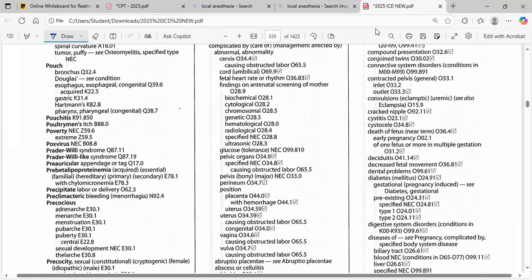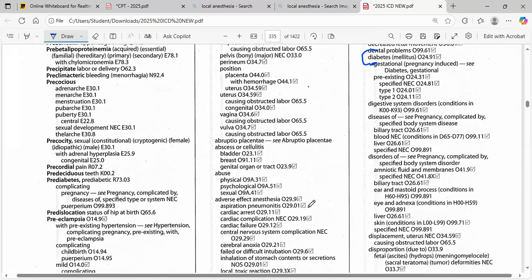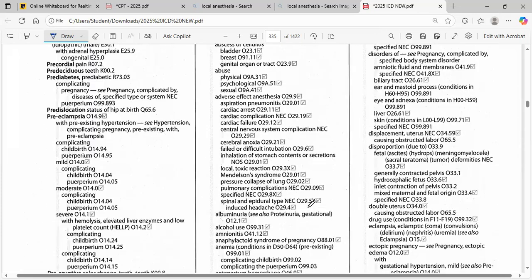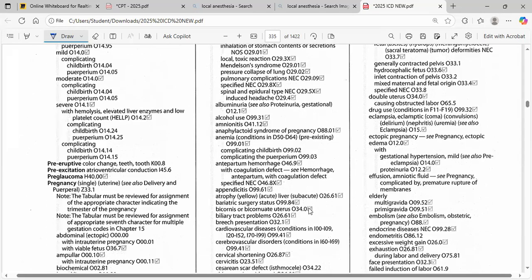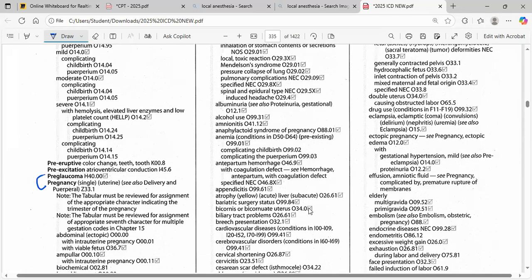If it is diabetes, you will look for diabetes under pregnancy instead of going into diabetes directly. So whenever there is a condition in a pregnant woman, even though that condition is pre-existing, you are still going to find a code from the pregnancy series. So you have to refer to pregnancy first. You have to find the O code.